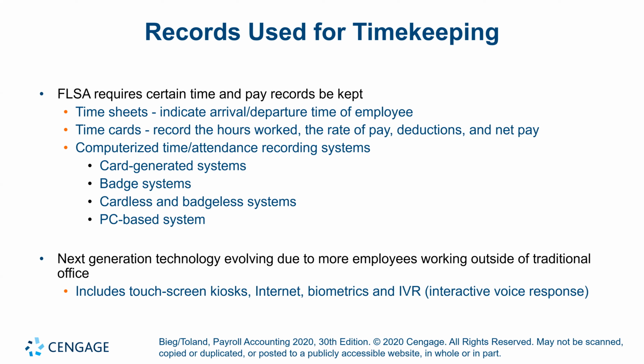And then in personal computer-based systems, employees swipe their identification cards across barcode readers connected to personal computers for easy recording of time worked. So those are some of the different systems. And then some of this next generation technology that your book discusses includes touch screen, kiosk, internet, biometrics, like a fingerprint scan or an eye scan, or the IVR, which is the interactive voice response.